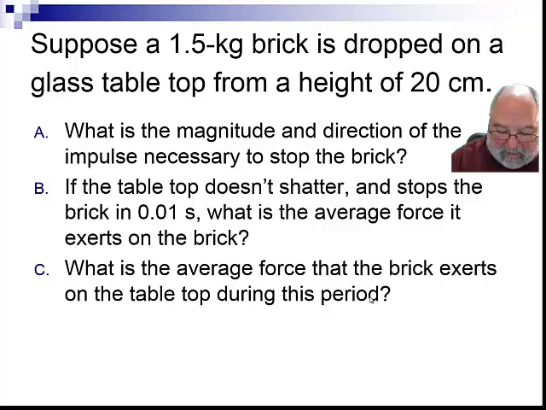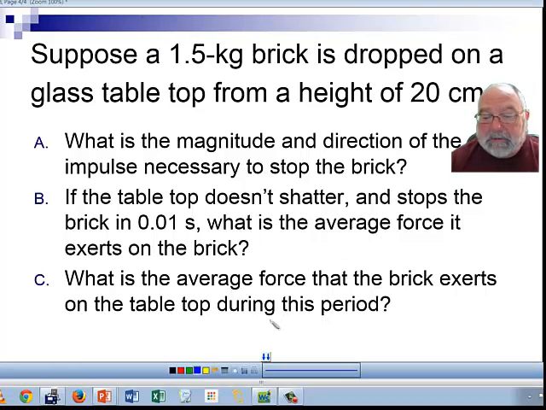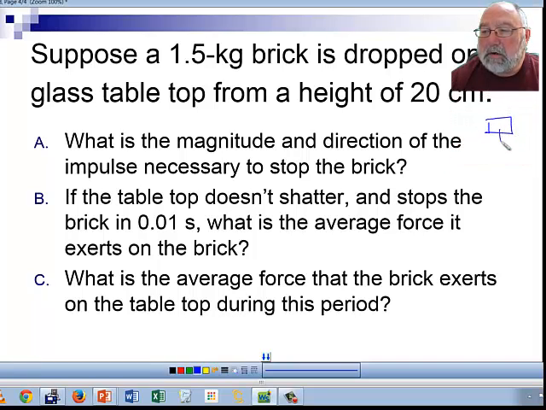Okay, well, let's draw a picture. See if that helps us. Well, here we have our brick. It's going down, and it's going to hit our glass table. So, the magnitude and direction of the impulse necessary to stop the brick. Okay, well, let's see what we know about impulse.